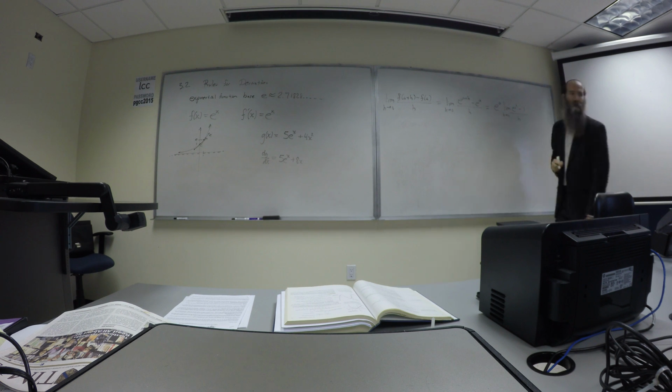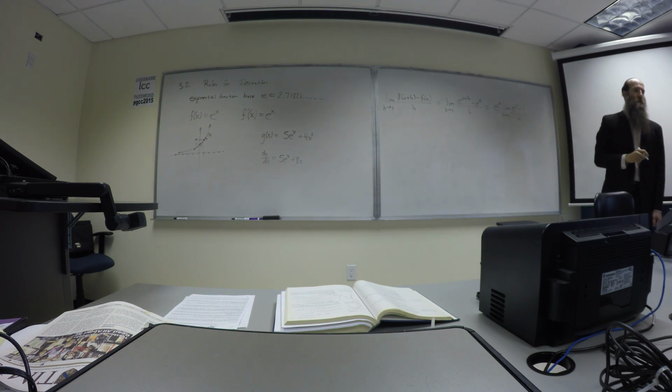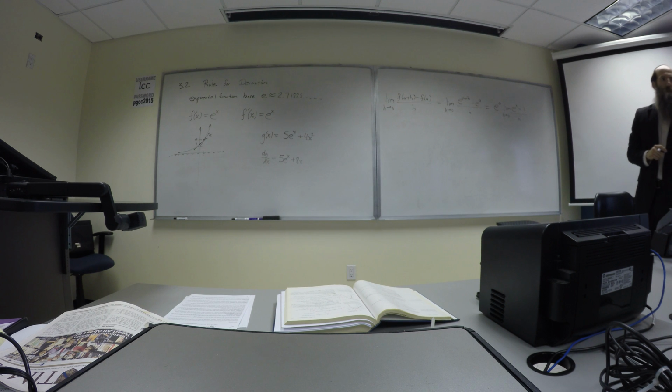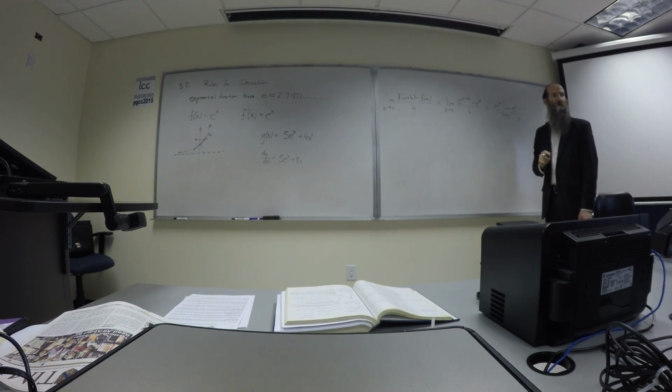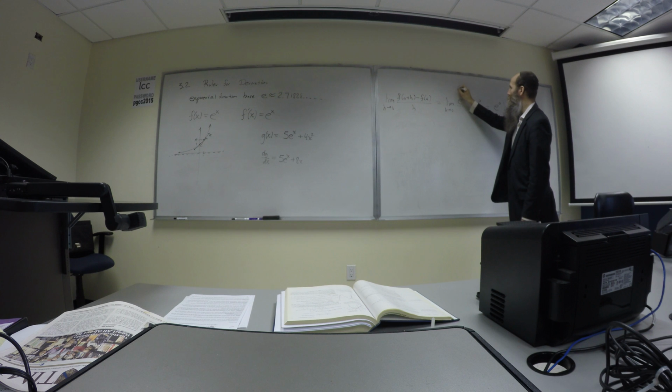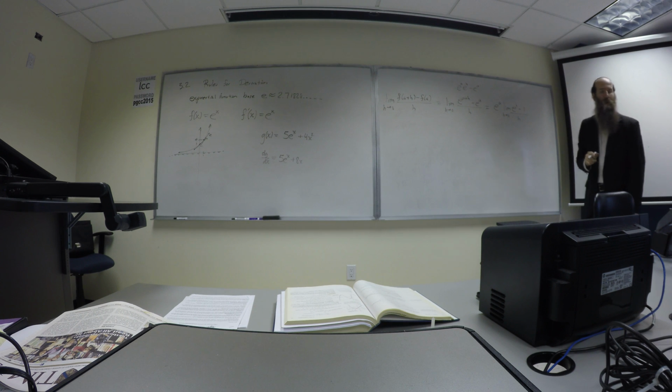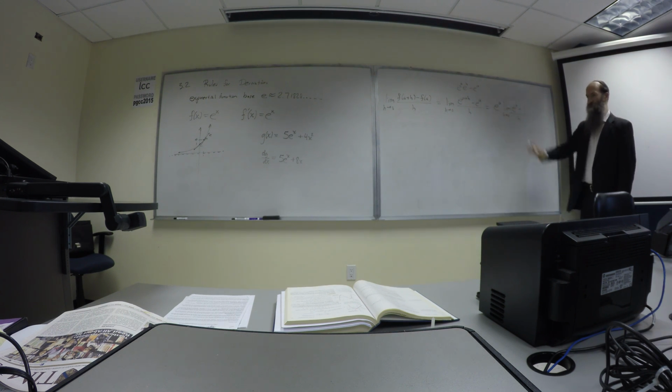How do you think you factor the e to the a on the outside? Why is the e to the a able to come to the outside? e to the a plus h minus e to the a, e to the a is common. How do you know you can take it outside the limit?